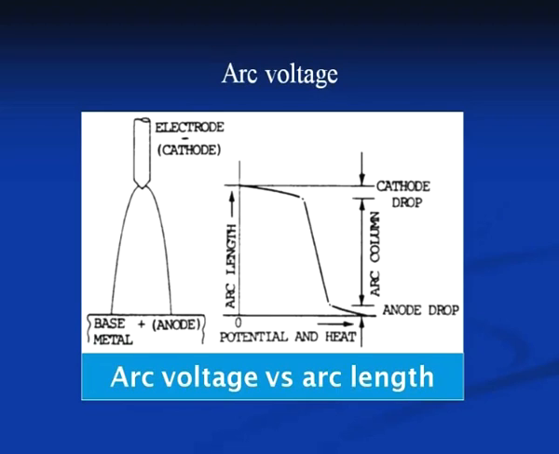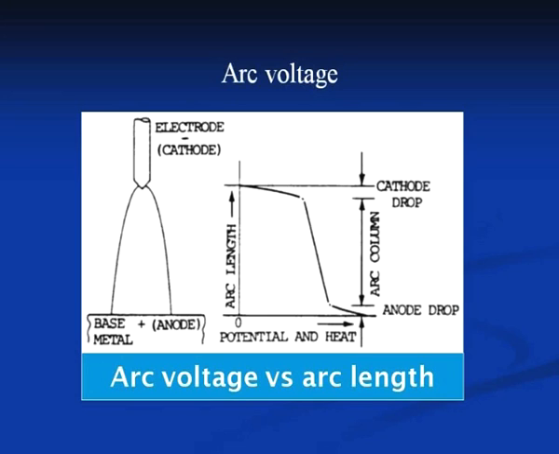Near the electrode tip we have the cathode drop zone, where a potential drop takes place very rapidly in a very narrow zone, and similarly near the anode also a very sharp potential drop takes place near the anode surface, while the drop is uniform and slow in the arc column zone.